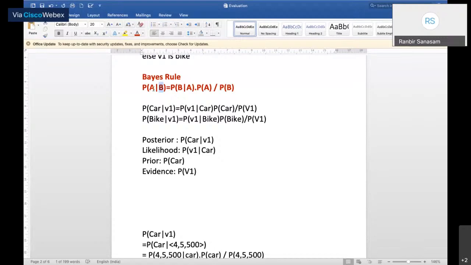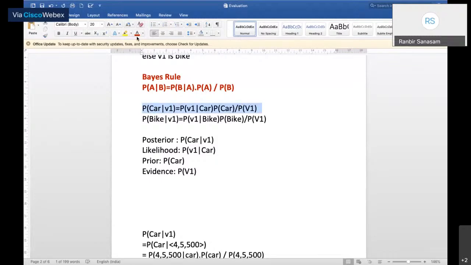So A is the car and B is the sample. This is called the posterior probability. The whole task is to find, given the sample, the posterior probability of getting the class label. That is what the Bayes rule does. So when I substitute car and vehicle into A and B, I get this.